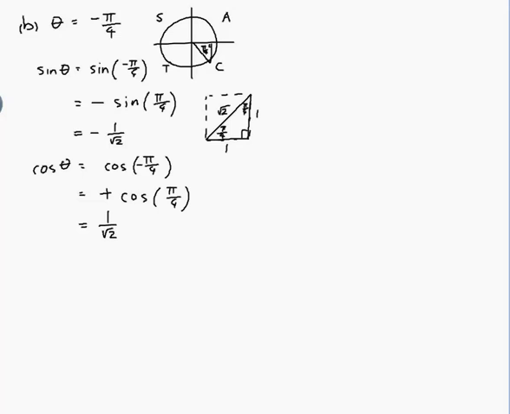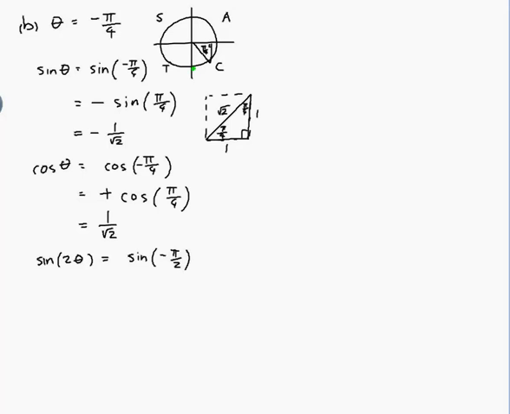Okay, now let me figure out cos 2 theta and sine 2 theta. I'll do sine first. Sine of 2 theta is sine of 2 times minus pi on 4, which would be minus pi on 2. Well, let's locate minus pi on 2 on our diagram of the unit circle. Minus pi on 2 is minus 90 degrees, which would produce this point here on the unit circle. Now, sine is the y-coordinate of that point.